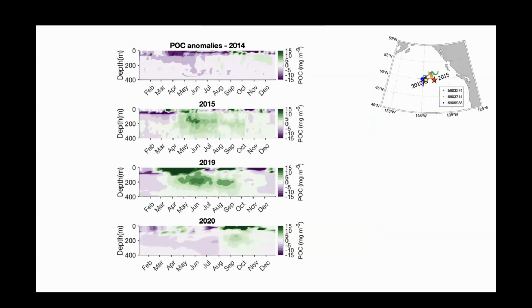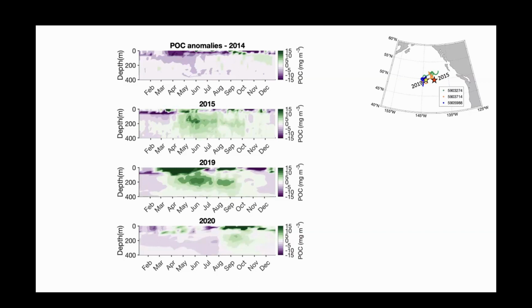You can really see that although the first marine heat wave started in 2014, it was only in 2015 that there is this very big anomalous feature. In 2019, lots of production and lots of export and this accumulation and slow remineralization. You see these two accumulations over here, this one from the spring, this one from the summer.